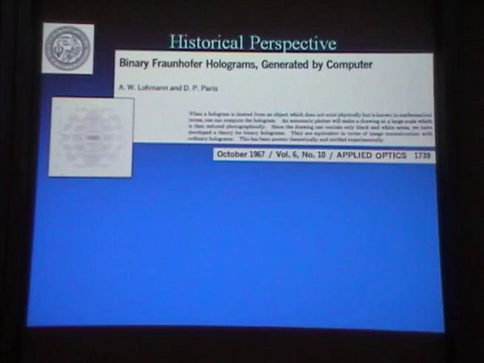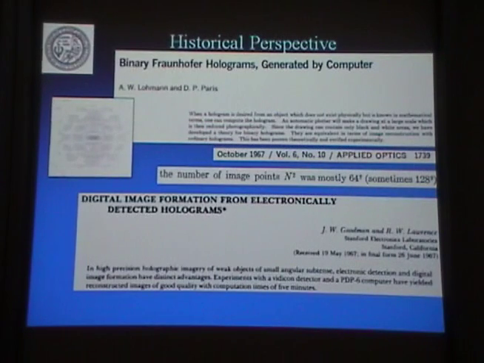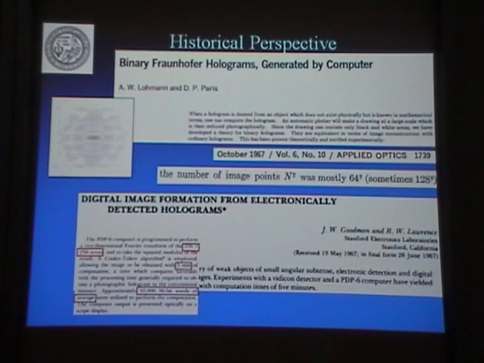And also, if you look at a similar related area, which is digital holography, where you record a hologram with a CCD camera or electronically. And then if you look at the first digital holography experiment in '67, about the same year, you have an array of 256 by 256.